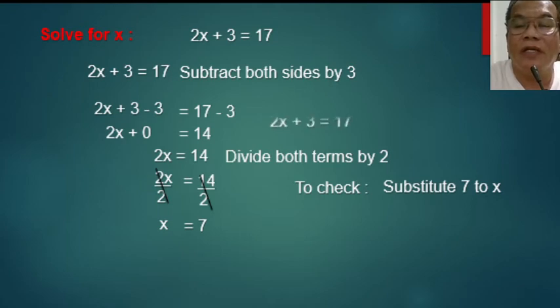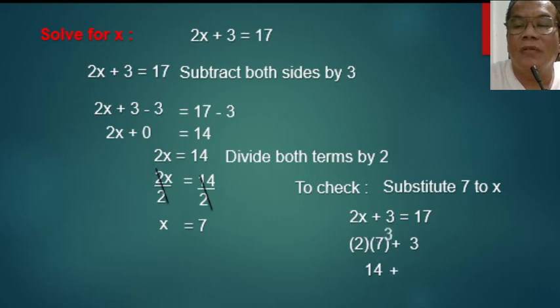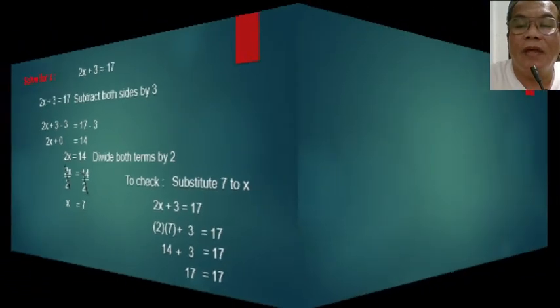Substitute 7 for x. So 2 times 7 is 14, so 2 times 7 plus 3 is equal to 17. So 7 is the value of x.